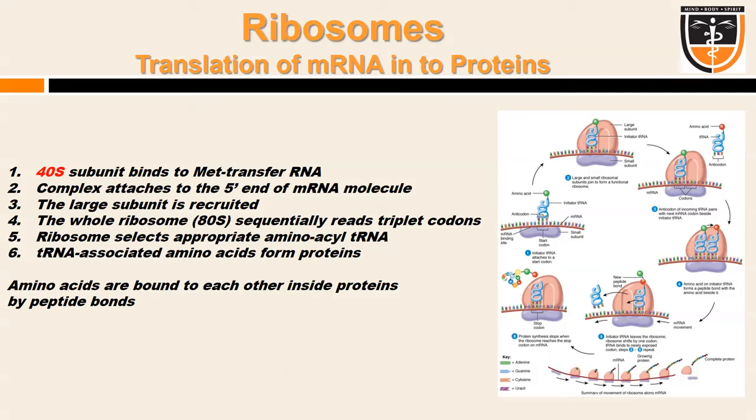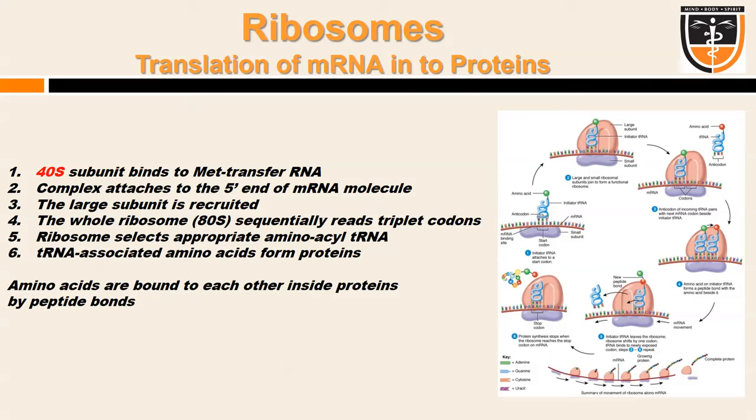This is the first tRNA that will carry an amino acid on its top. So the small subunit will first bind to methionine transfer RNA, called initiator tRNA, and will also bind to the mRNA on the 5' end of the mRNA molecule, to the corresponding codon known as the start codon.